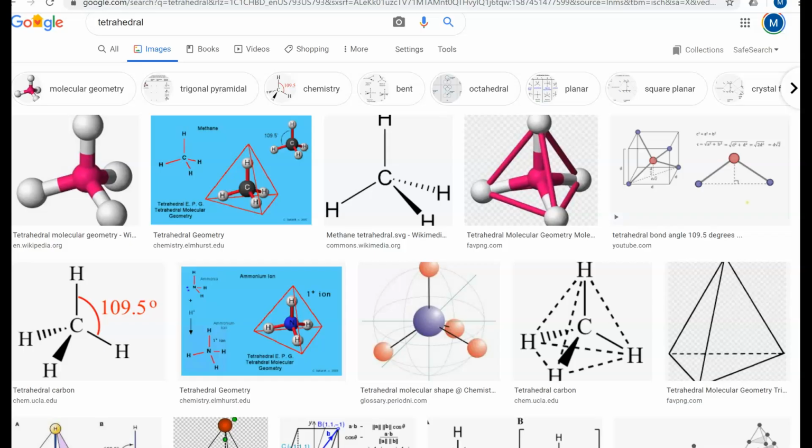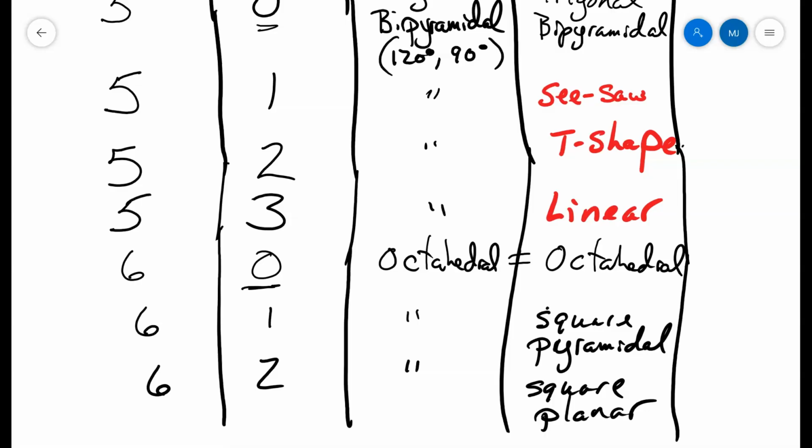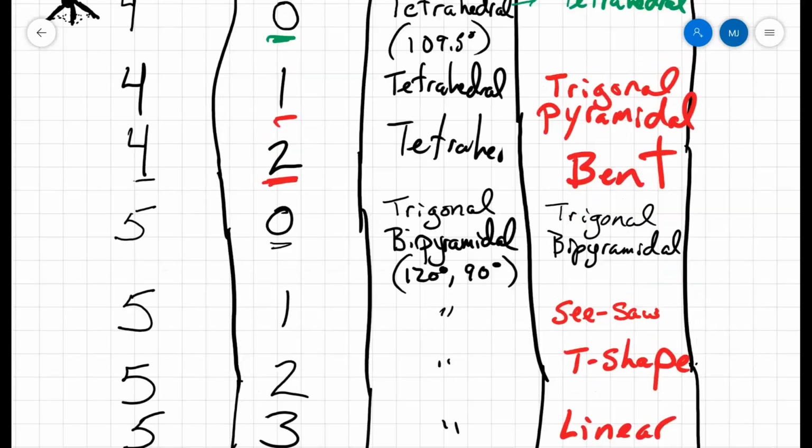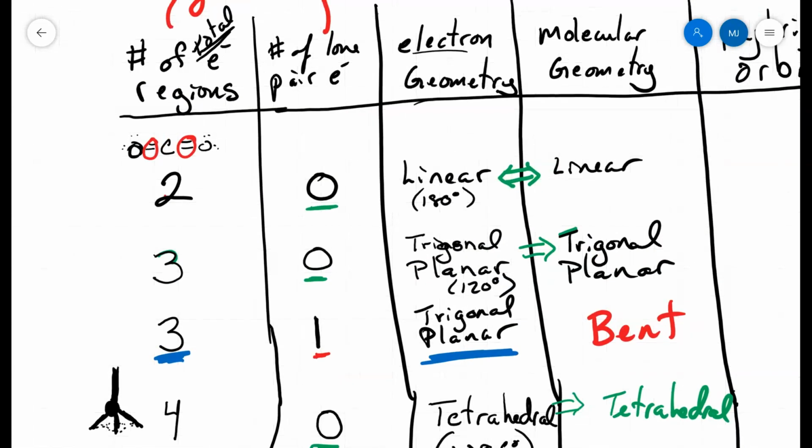Now, what you do need is to be able to draw a Lewis structure. From the Lewis structure, count how many total regions there are. From the total regions, look and say, of the total, how many are lone pairs? From that, you need to be able to give me the electron geometry and the molecular geometry of that compound.